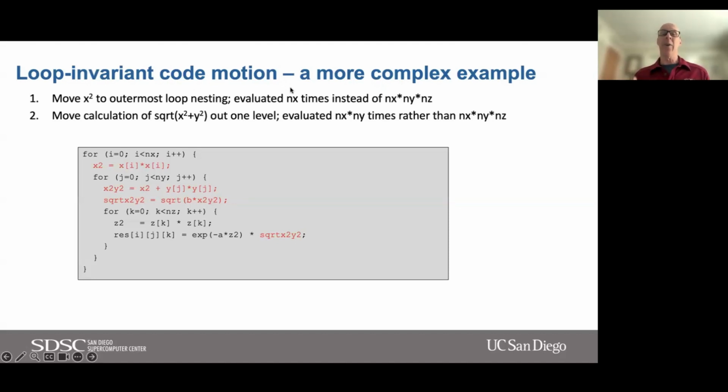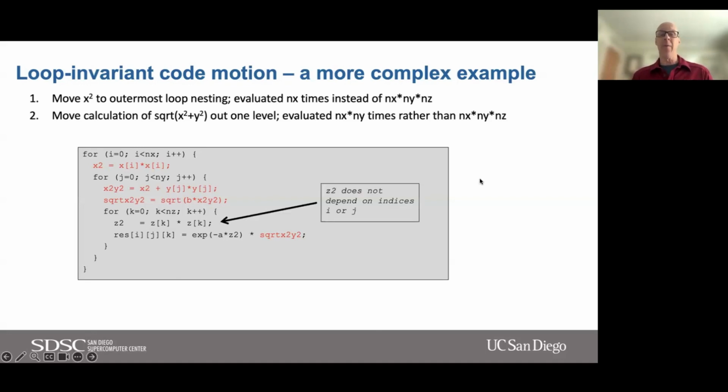Now we're only evaluating that nx times instead of nx times ny times nz. And then I could also take the square root of x squared plus y squared out one level. So now we're only evaluating it nx times ny times instead of nx times ny times nz. This is going to give us a lot of savings. And you can see now the work that I'm doing in that innermost loop over the index k has greatly been reduced.